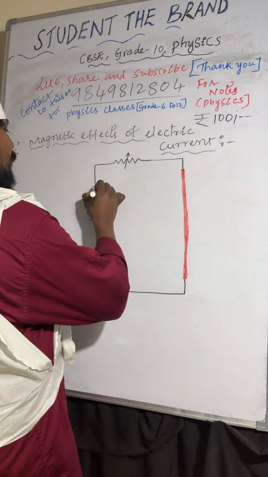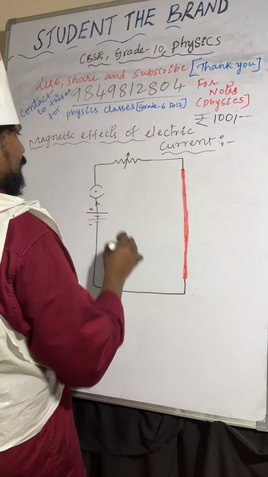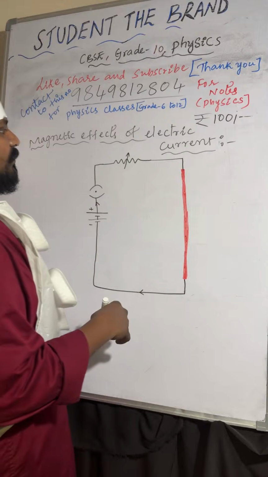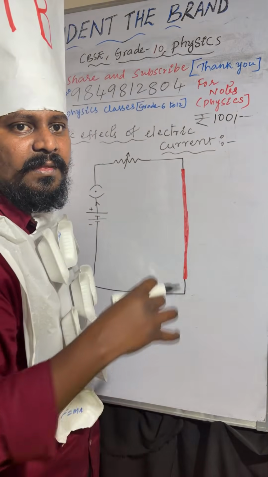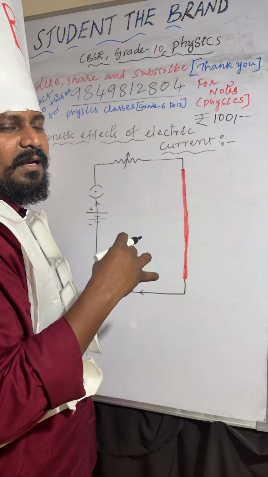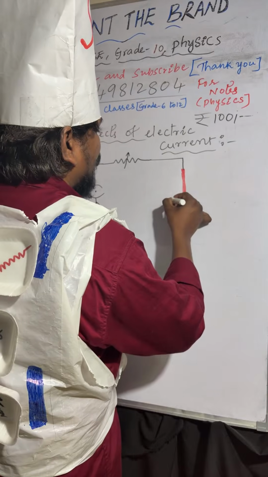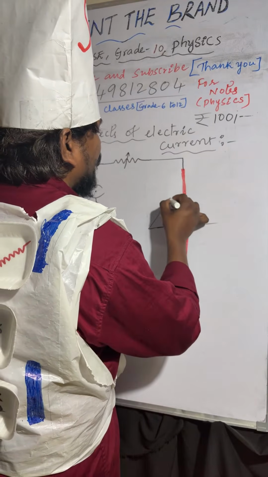Okay, so the circuit is closed. Positive terminal, negative terminal, current is flowing. This is a thick copper wire. I am taking the cardboard here.